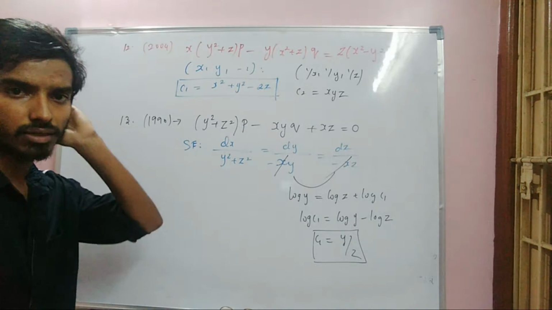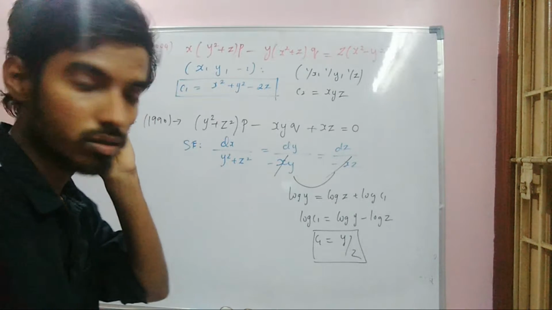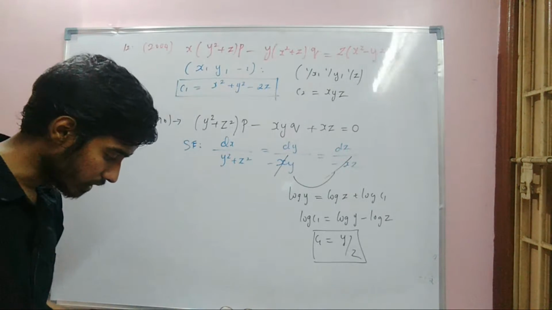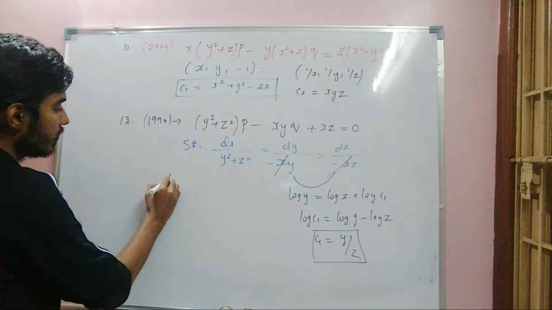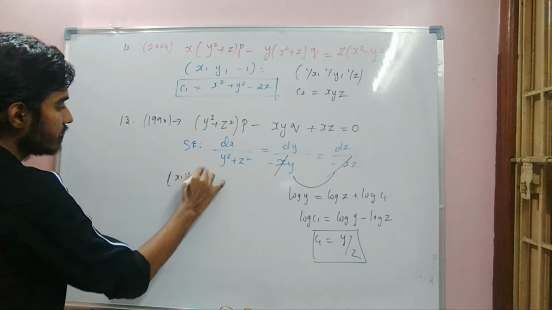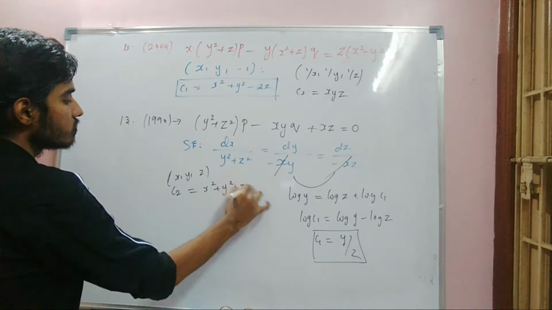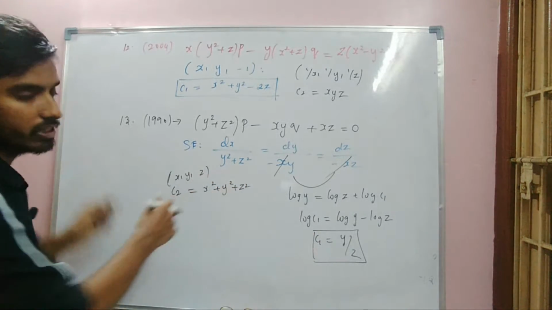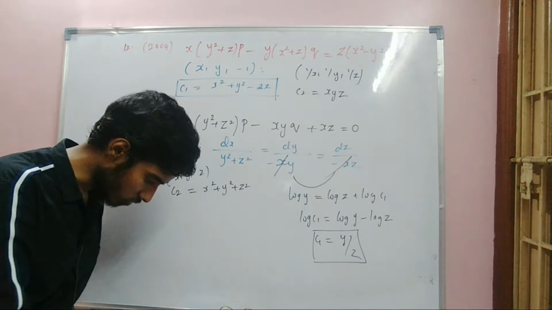You cannot do that, right? Yes, xyz is one multiplier. So you can take multiplier x comma y comma z. So we will have c2 equal to x square plus y square plus z square. So y by z is one solution, and x square plus y square plus z square is another solution.